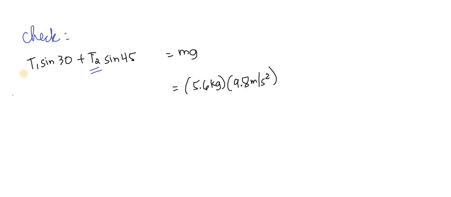The value of our T1 is 40.18, so 40.18 sine of 30 plus the value of our T2, 49.21 sine of 45. Let's see if they will be equal.